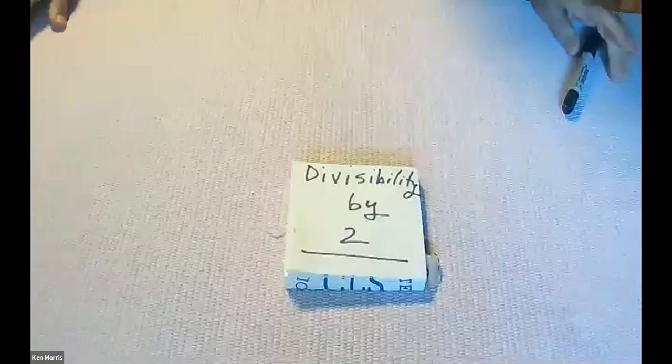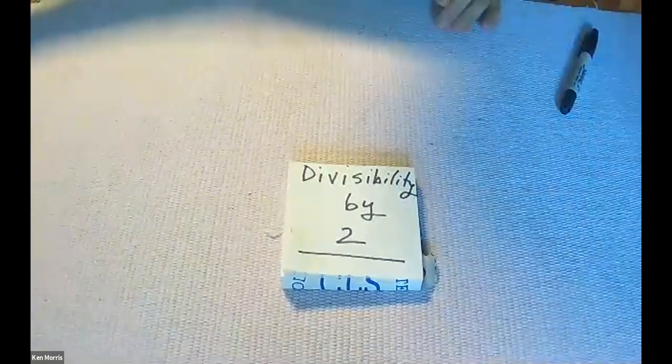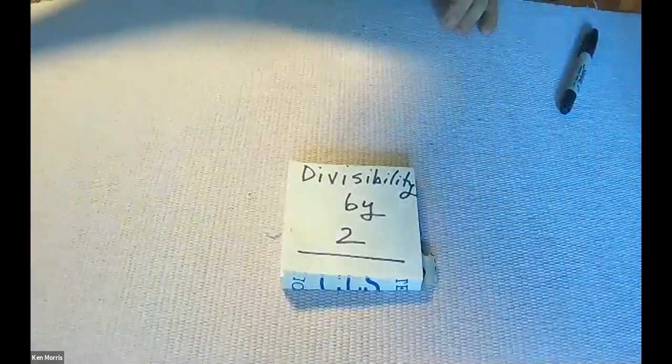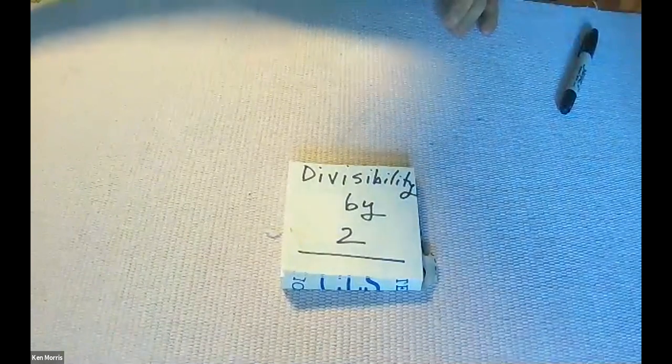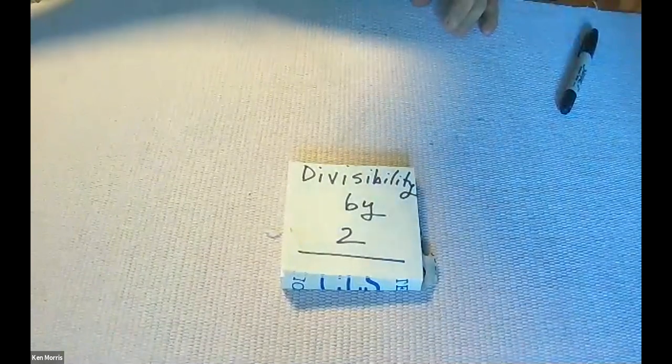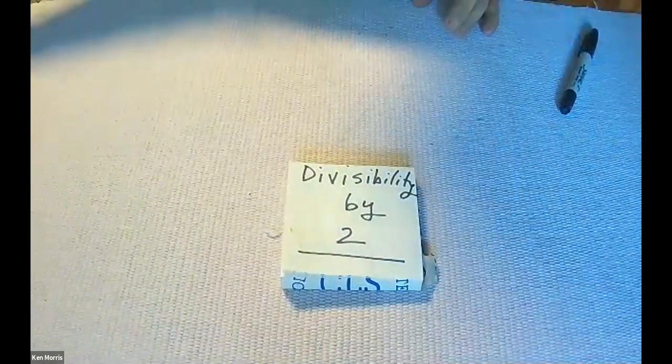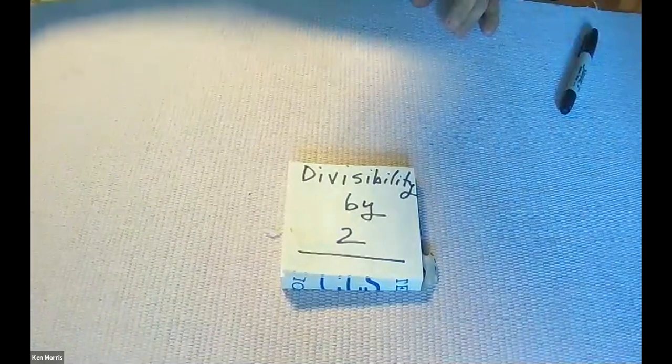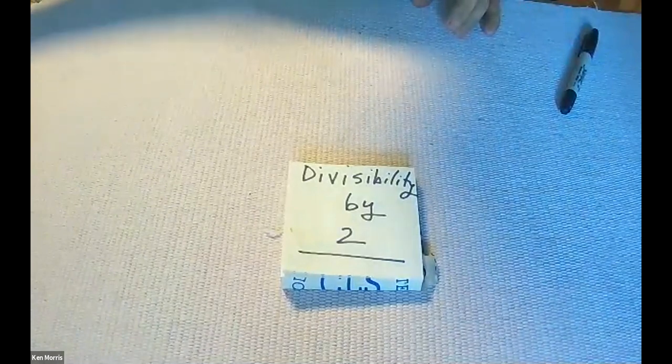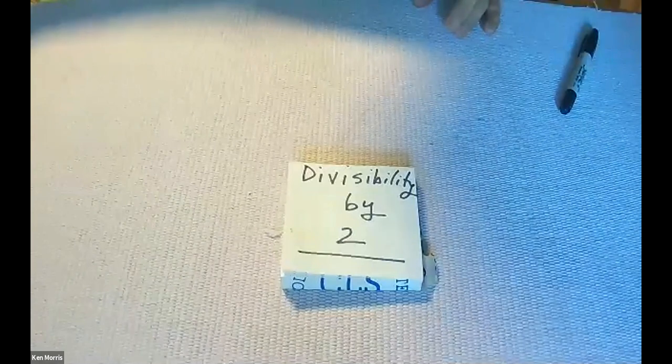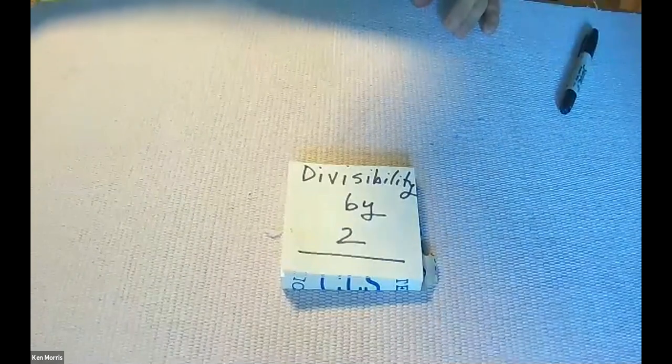Good morning, children. You have been working very hard on your multiples and factoring work. And if you recall, when we looked at our multiples patterns table, we had seen some interesting patterns.